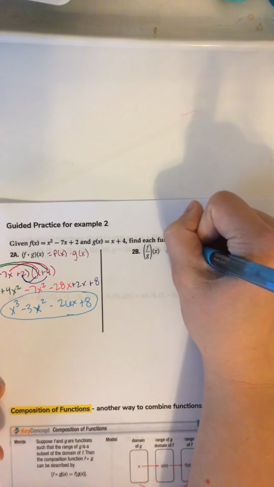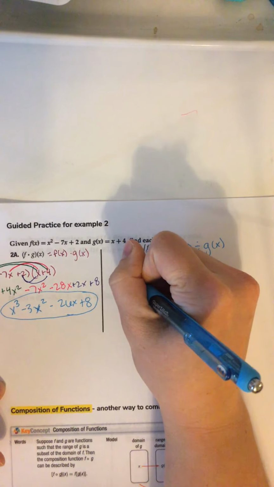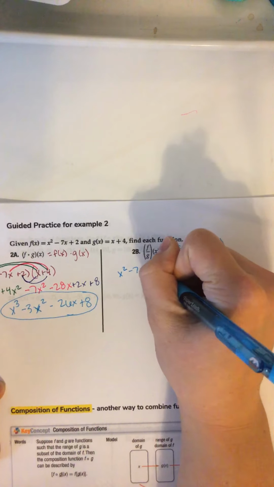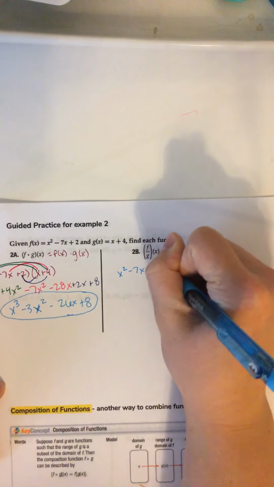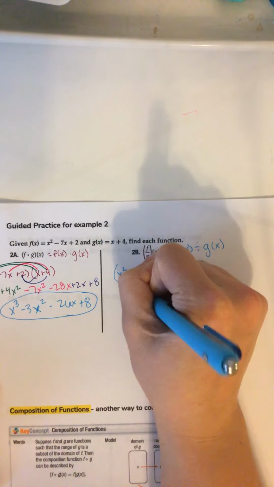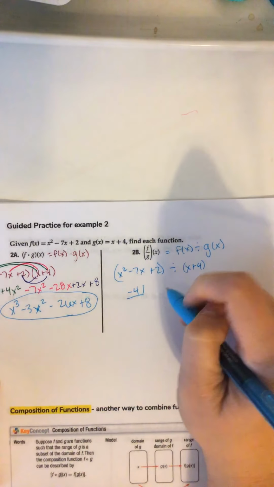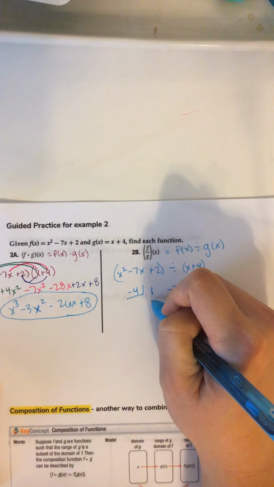And then the division problem over here, this is just f of x divided by g of x. So we have x squared minus 7x plus 2 divided by x plus 4. And if we're using our synthetic division here, we would put a -4 in our little box. And then we would have 1, -7, and 2.